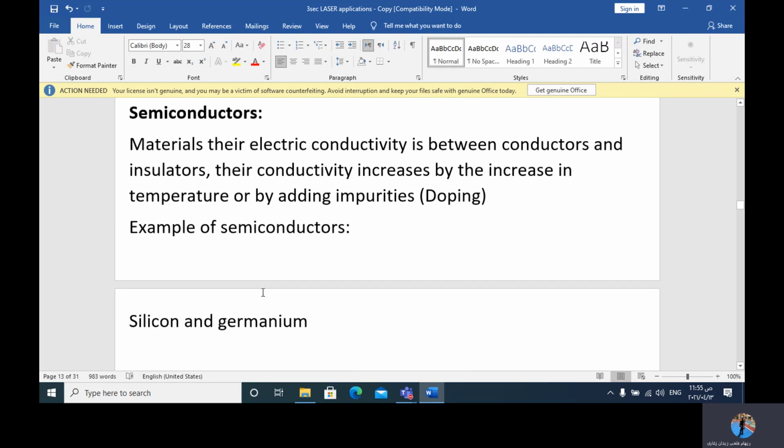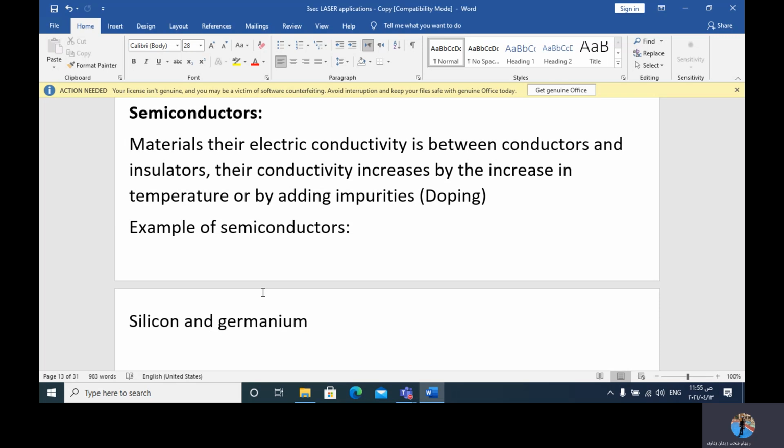What is a semiconductor? We said that conductors conduct electricity, and insulators don't conduct electricity, and we have materials in between. We call them semiconductors. These semiconductors have characteristics between conductors and insulators.